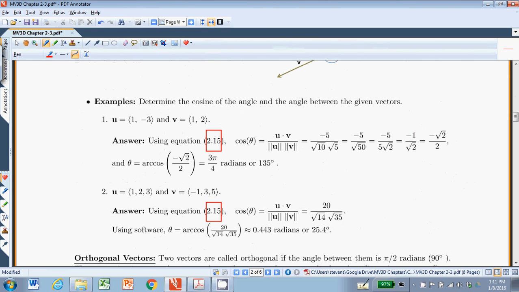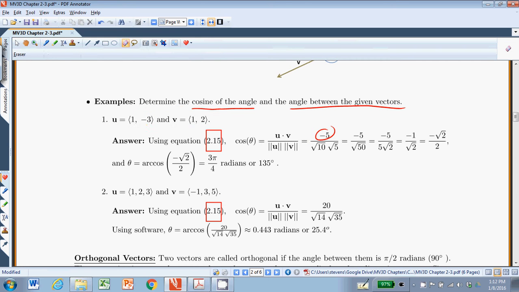We're going to determine the cosine of the angle and the angle between the two given vectors. So I have this in 2D. We'll start with 2D. And basically, to get the cosine of the angle between them, I take u dot v over size u size v. And let's see, u dot v is just going to be 1 minus 6, so that gives me the negative 5.